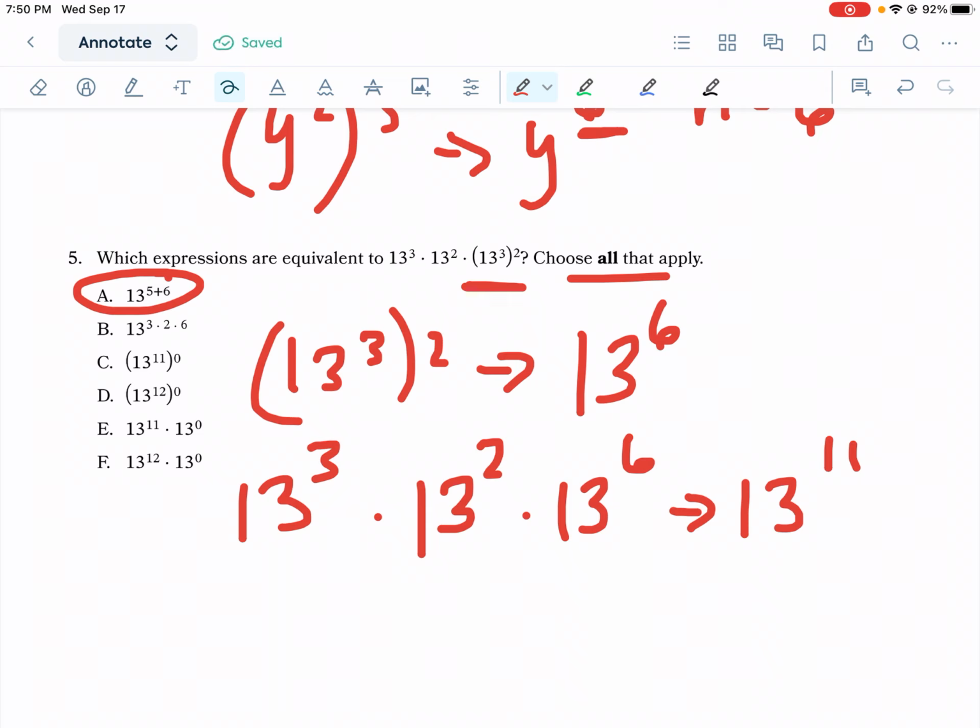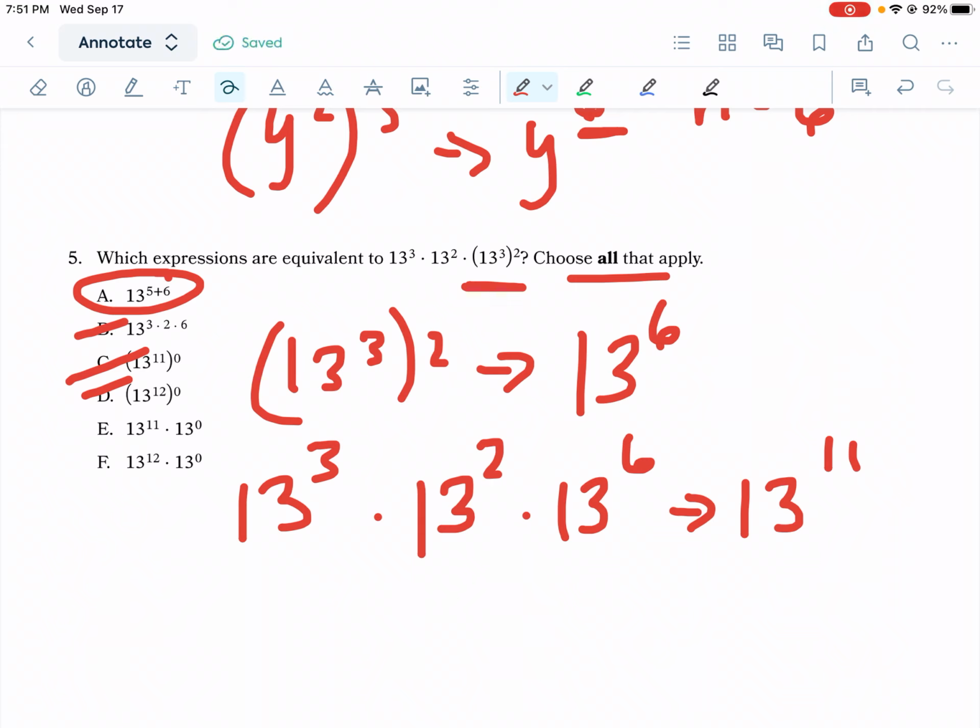For C, that would not be one of our answers because any number raised to the power of 0, even if that 0 is on the outside of the parentheses, will equal 1. So C would not be one of our answers, and D would not be one of our answers for that reason. For E, we have 13 to the power of 11 times 13 to the power of 0.